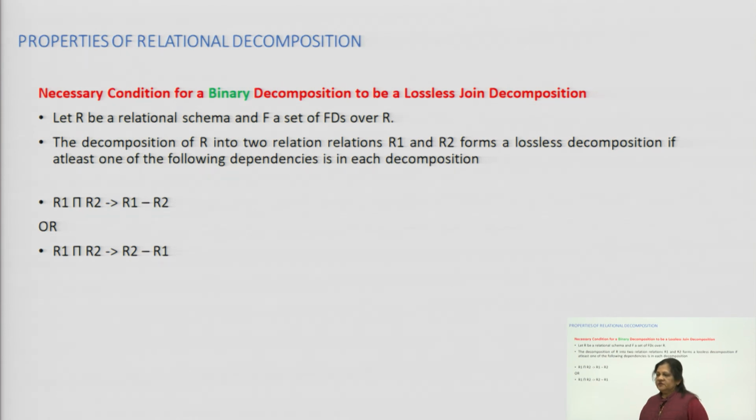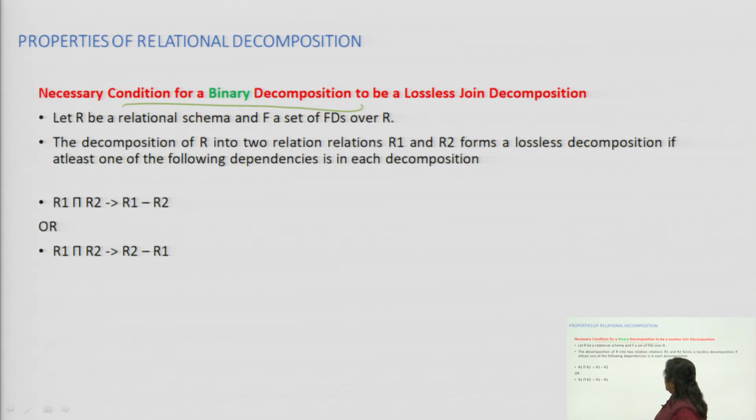Now, the decompositions we have done were those decomposing a relation into more than 2 relations, right. But if we have only 2 decompositions, then we can use these properties for binary decomposition directly.